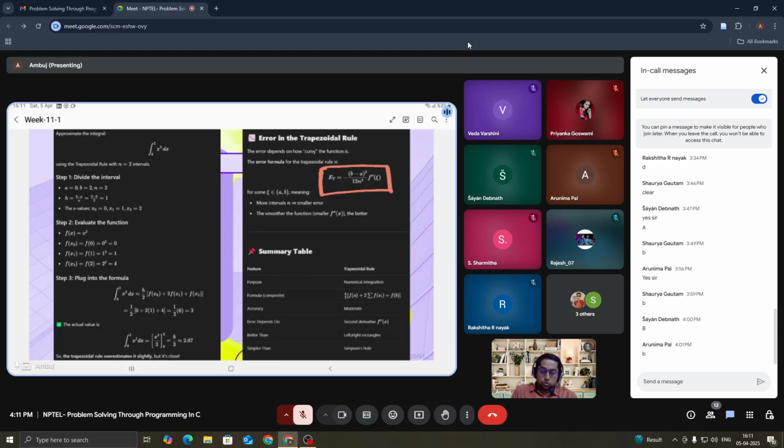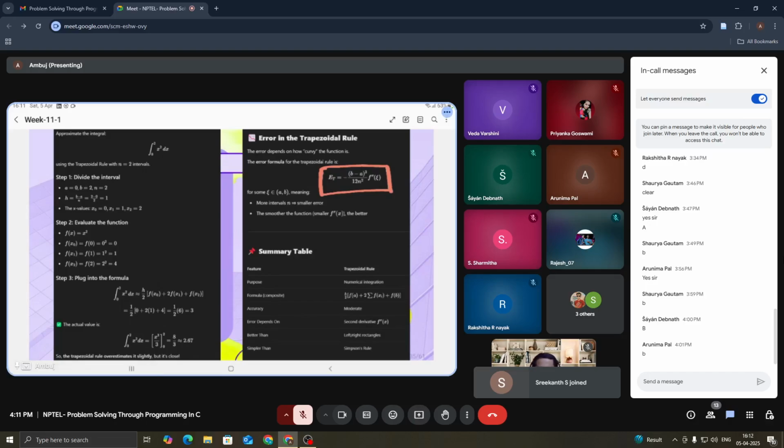So f of x is x squared, f dash x will be 2x, so f double dash x will be 2 only. So directly the error will be multiplied by 2. Similarly, you will be able to calculate the error.